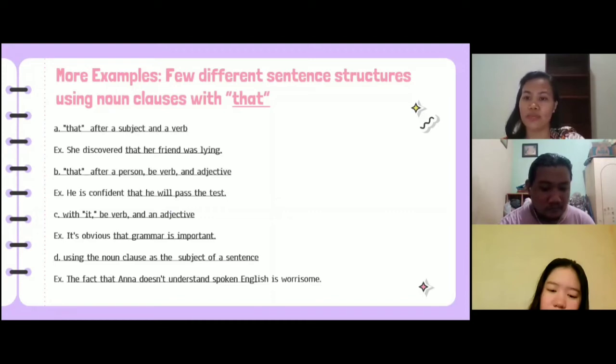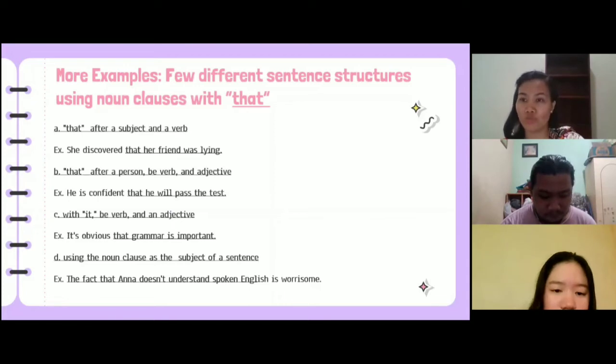In this case, we actually use the phrase the fact that, but we can also use simply that. It's not very common overall, but if we're going to do it, it's very common to use the fact that.